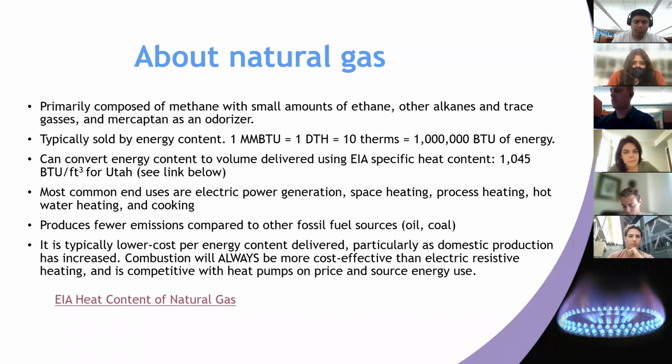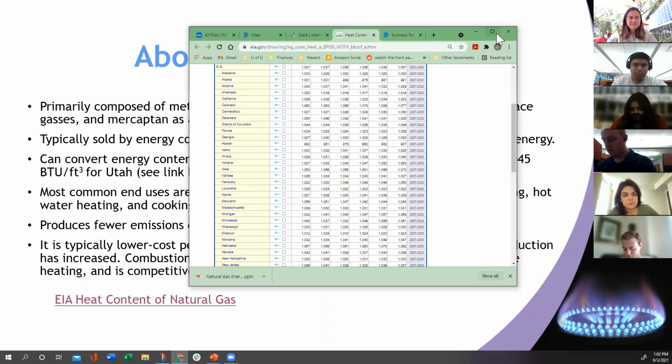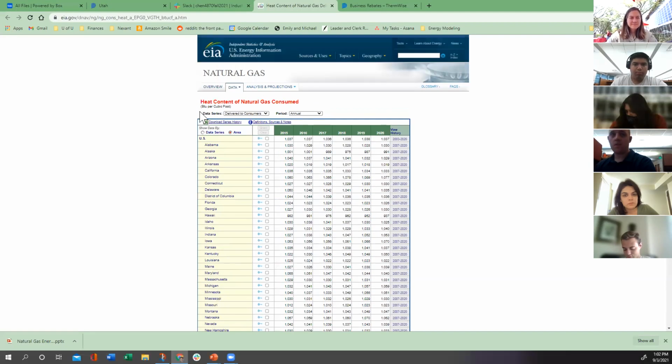So if you know the energy content of the gas that you're looking at, you can also find the volume delivered using the specific heat content. That's actually published by the EIA, so the Energy Information Administration. They have a site that will show the heat content of natural gas consumed by state, by year.